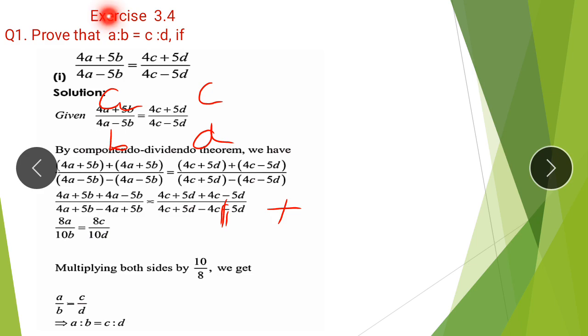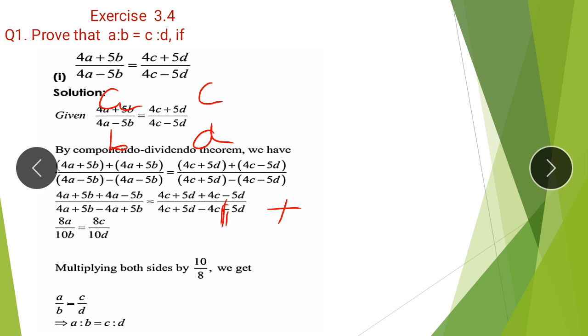Now we are supposed to prove that a ratio b is equal to c ratio d. So here we have a ratio b and c ratio d. What is extra with this? 8 upon 10. We don't need 8 upon 10, and we know that if we don't add anything, we will go with the inverse of that. So the inverse of 8 upon 10 is 10 upon 8.